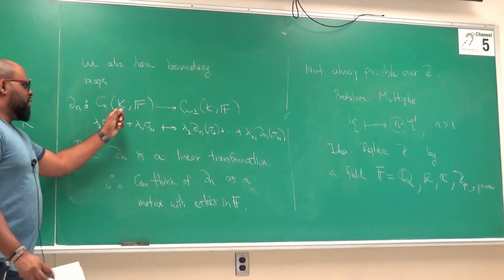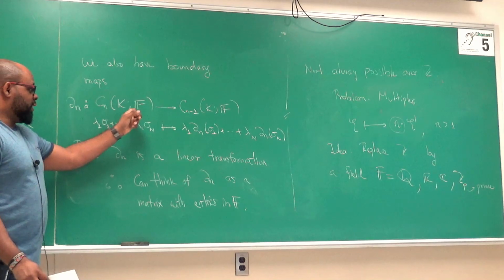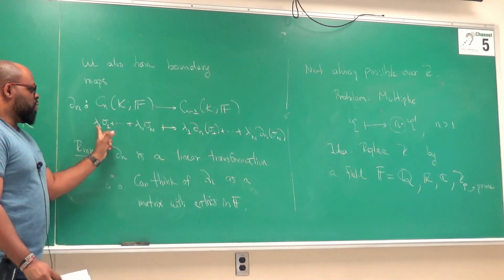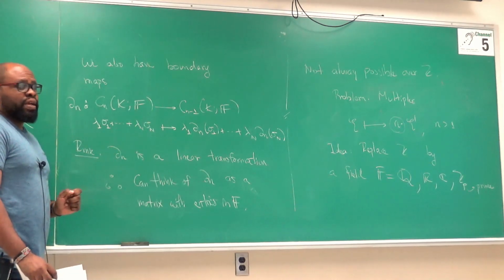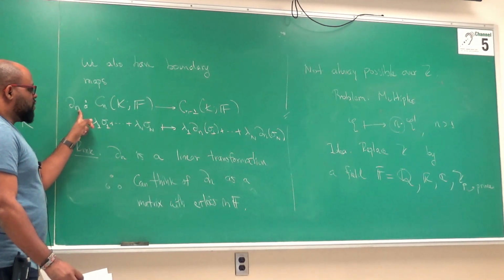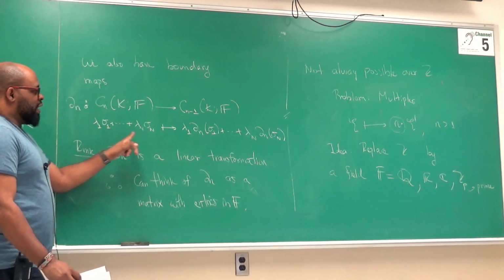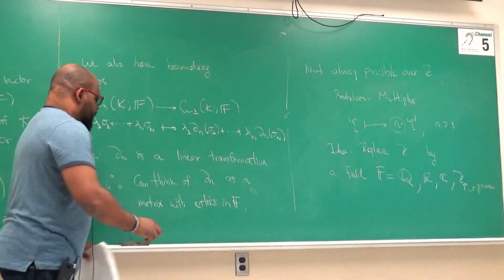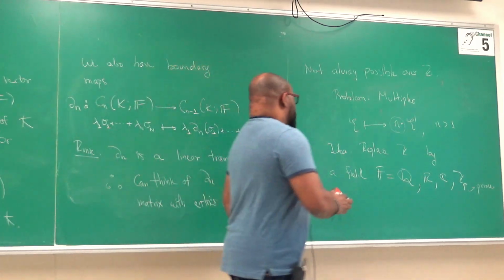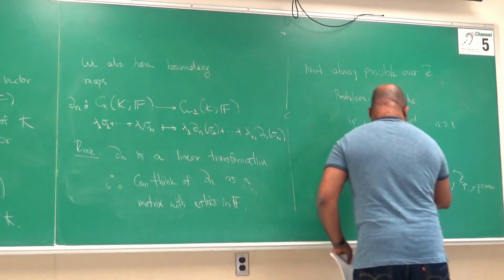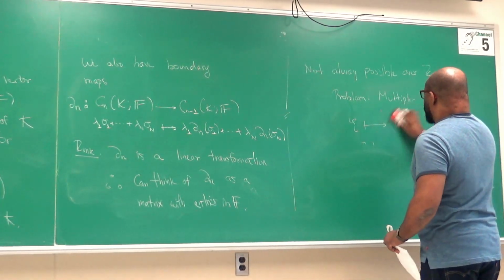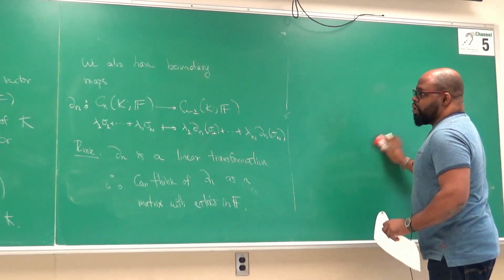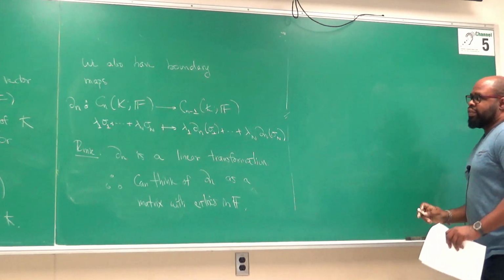We have the n chains now with coefficients in the field F, which again are linear combinations where the coefficients are in F. We also have the boundary maps, but now the boundary maps look like linear transformations, so we can think of them as just matrices. And most of the things that we've seen before continue to hold in this case.